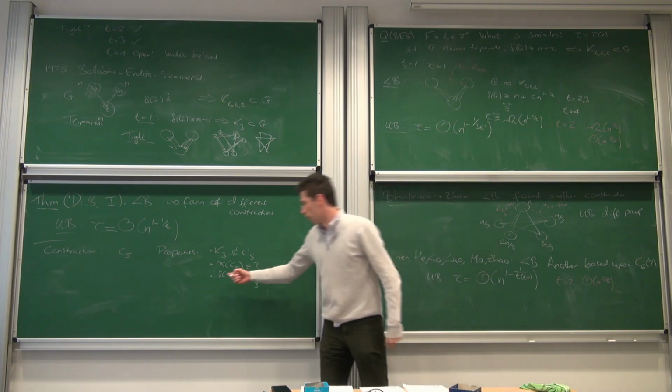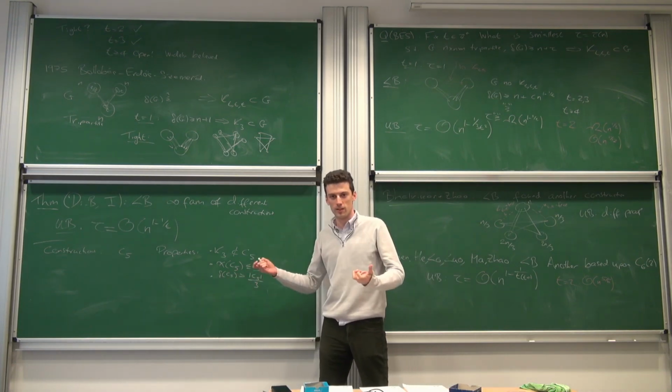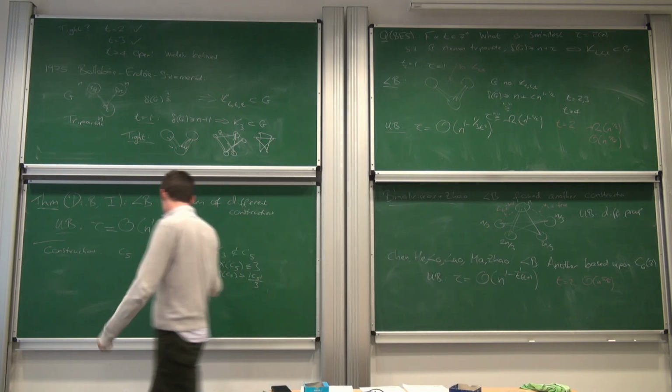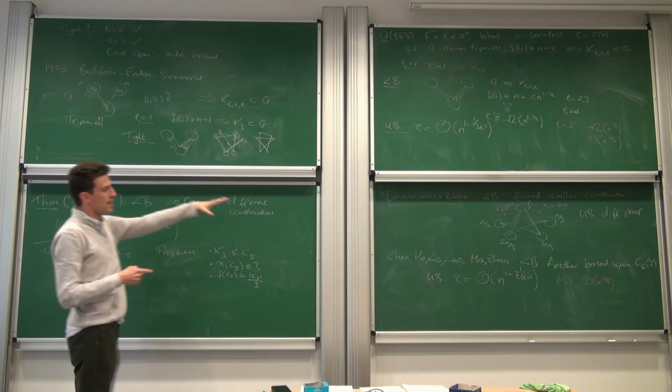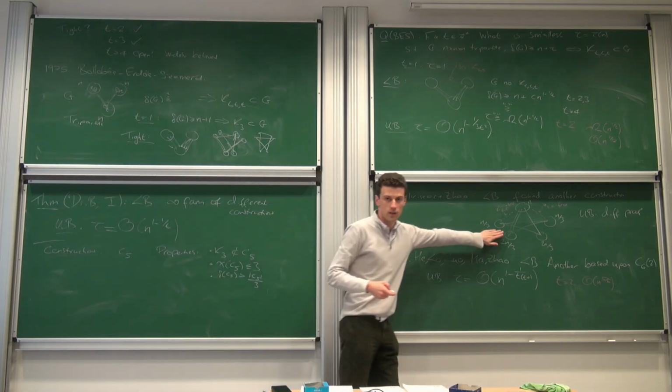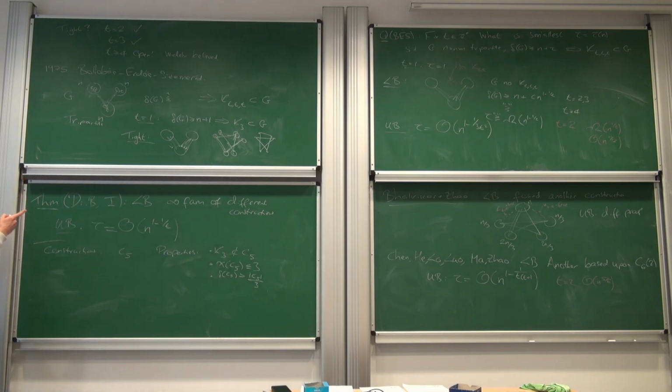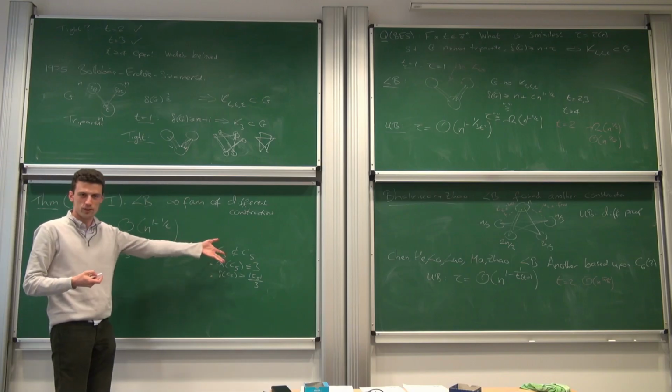So you want your graphs to have nice big minimum degree, and then you weight it. So these were the properties, in some sense, that made the 5 cycle work in this construction. So if we're going to find more constructions, you should just find more graphs with these properties.